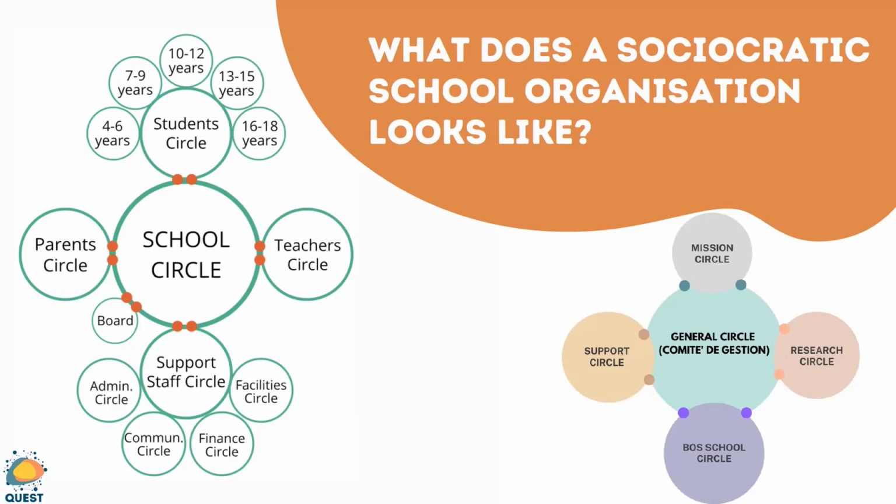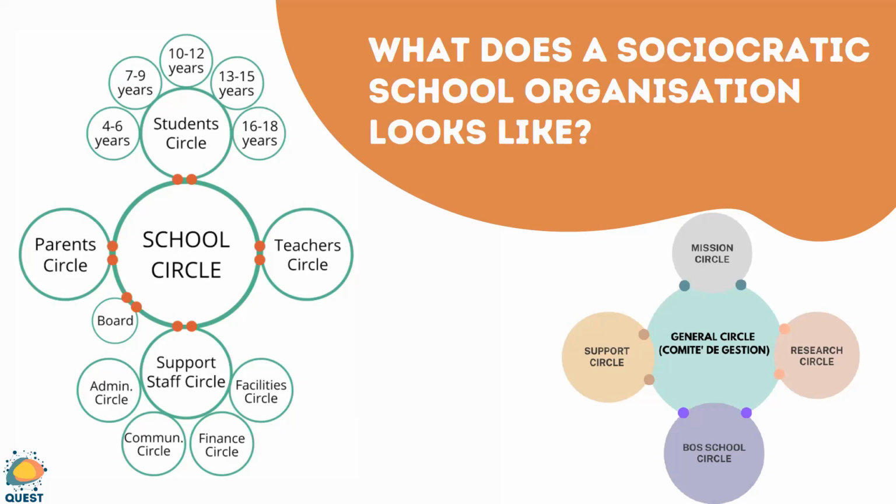The board is the one that brings the vision of the school and maintains the vision of the school, so the school stays true to its long-term vision and long-term planning. The school circle is what we described before as the general circle, a circle that only shares information between the operational circles.